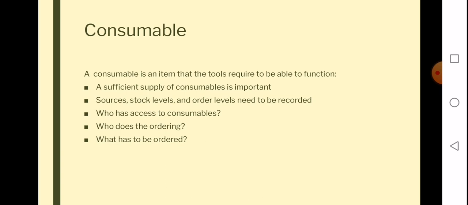Okay, so a consumable is an item that the tools require to be able to function. A sufficient supply of consumables is important. Sources, stock levels, and order levels need to be recorded. Without the consumables, the tool will not function. Knowing where the consumables are is important. Knowing how to access them is important.